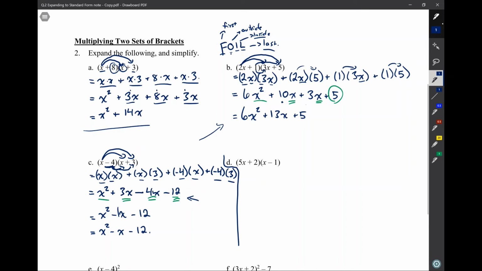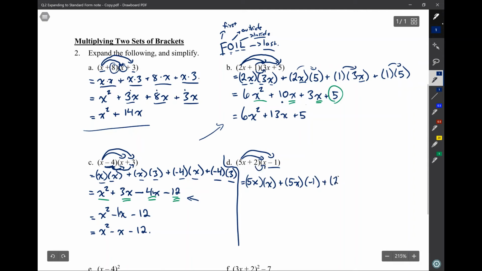And we'll move right on to D. Here we have, again, a negative term here. It's the negative 1. So D, I'm going to work with my first terms. That's 5x times x plus my outside terms, which is 5x times negative 1, plus my inside terms, which is 2 times x, plus my last terms, which is 2 times negative 1.